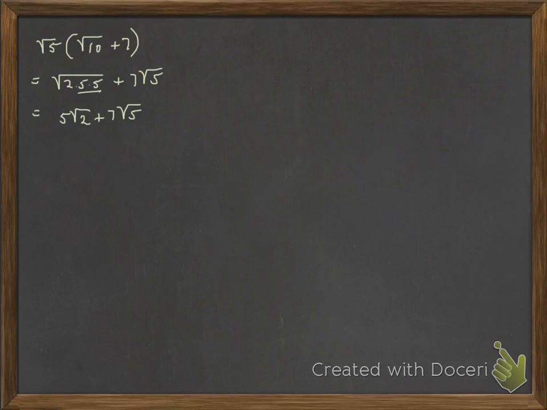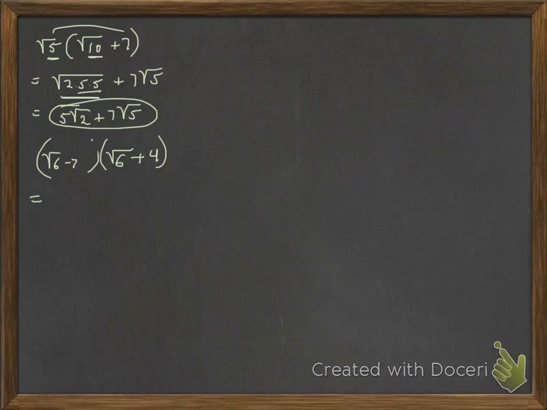So you're distributing, and I like to go ahead and write it out, or just do it in my head. Okay, but I recognize that they'll have a 5 in common when I multiply the 10 times the 5. And so we'll pull that out and leave the square root of 2 under the radical. And so you're just distributing here, and that's your answer.